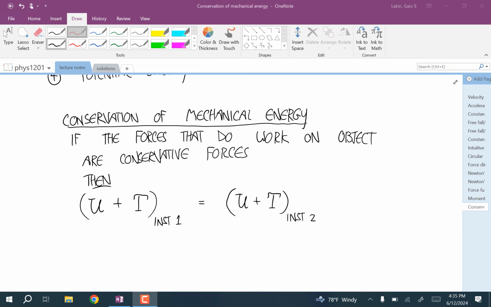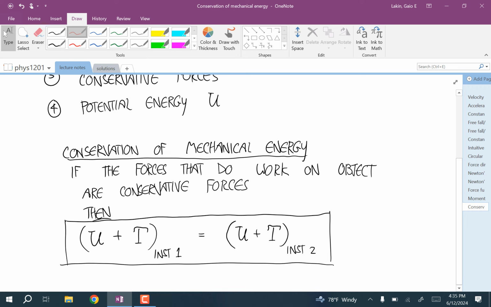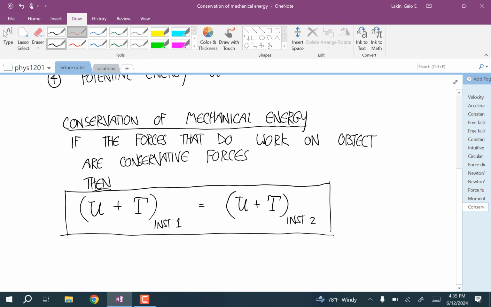Okay, so now that we have this big result, I have to go back and define some of these things. You saw the four things that I told you are going to be important: kinetic energy, potential energy, conservative forces, and then work both came up in figuring out whether you had a case where you could use this equation. So I'm going to start with the one that we've already seen, kinetic energy.